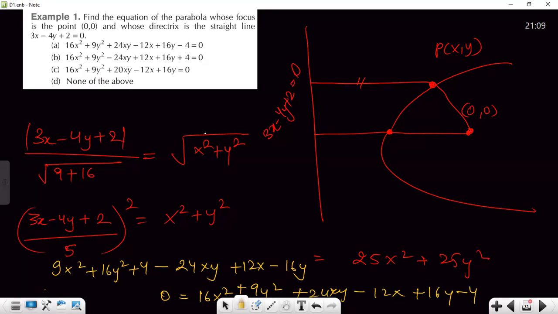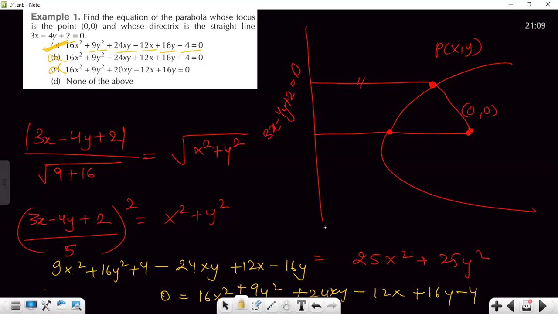Now let's match options. Minus 4, option B is eliminated. Now let's check option A: 16x square plus 9y square plus 24xy minus 12x, 16y minus 4. Option A becomes our correct option. Understood?